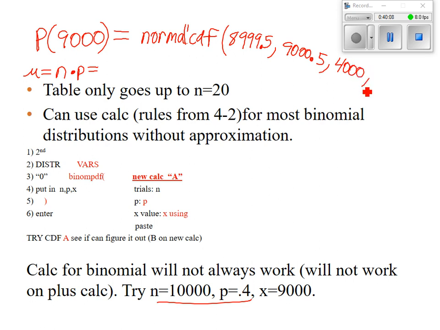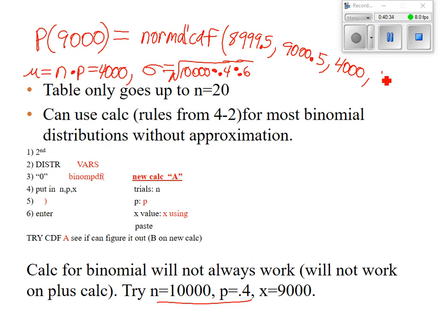Then we've got to find the standard deviation. The standard deviation is the square root of 10,000 times 0.4 times 0.6. 48.99.